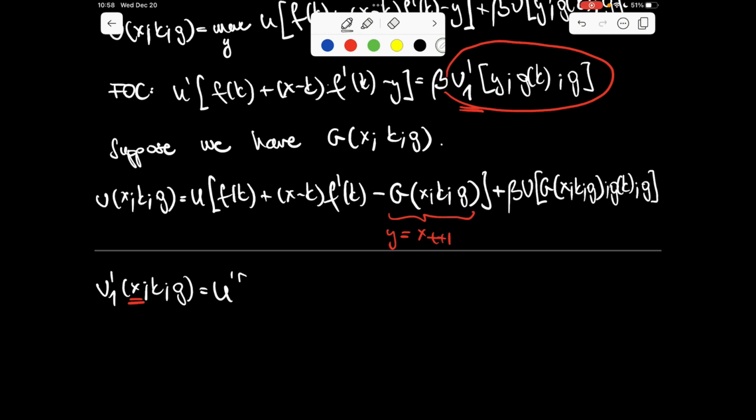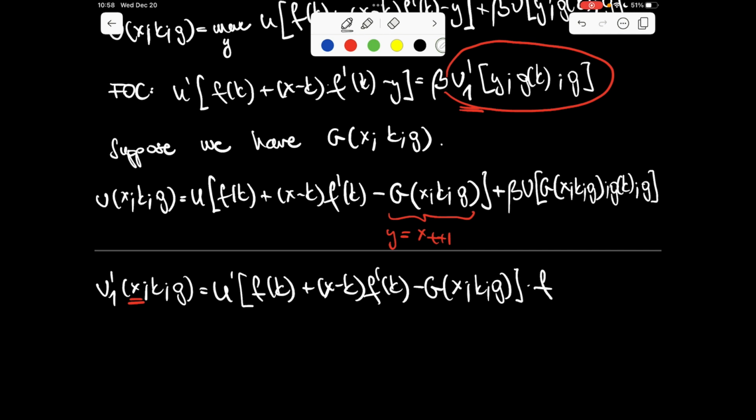So we are going to derivate, according to the envelope condition, the optimized Bellman equation with respect to the state x.